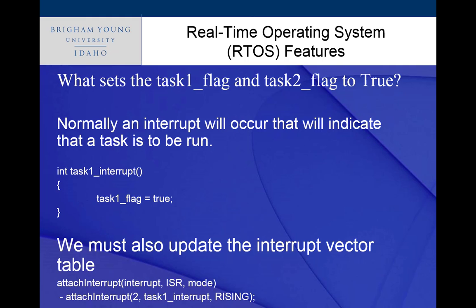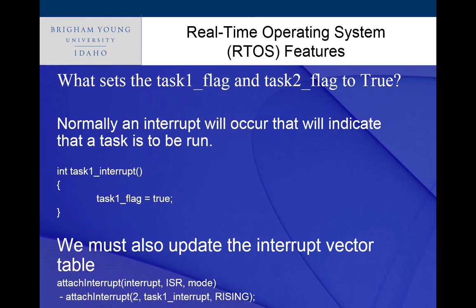So we have to keep that interrupt vector table updated, and for example, in the Arduino, we run a function called attach interrupt. And what that function does is adds that function as an interrupt service routine and associates it with a very specific hardware interrupt.